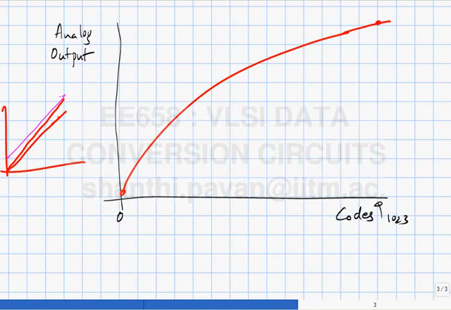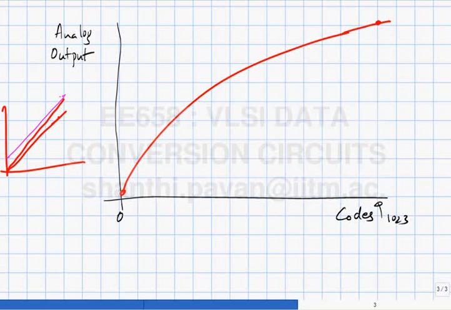On the other hand, what about this chap? If I compute the DNL, what do I get? I will get a constant DNL, and the INL is 0 here and goes on increasing. The INL is the deviation between the real characteristic and the ideal characteristic, and that makes sense because if the DNL is constant, then the INL, which is the running sum of the DNL, must go on increasing.